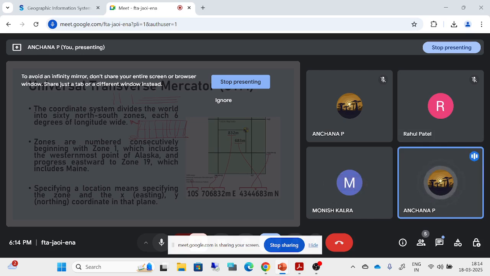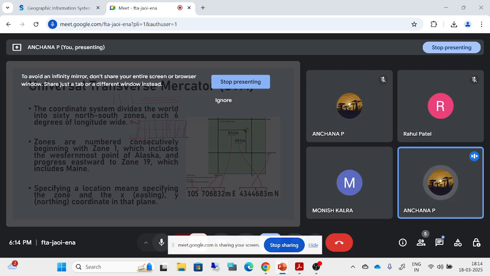If you have this point on the earth, just imagine you have the UTM and this point. From a representation like this, we can deduce that it is zone 10S, that is zone number 10 in the southern hemisphere. And then we have this information over here, which gives you the eastings and the northings.